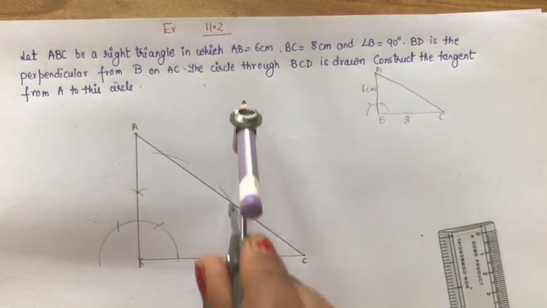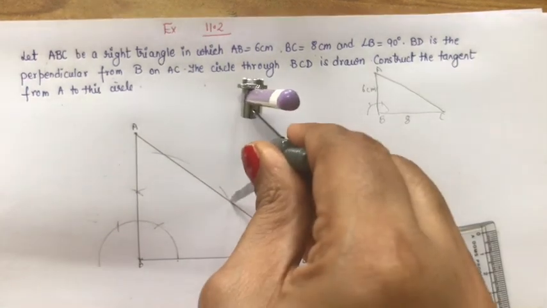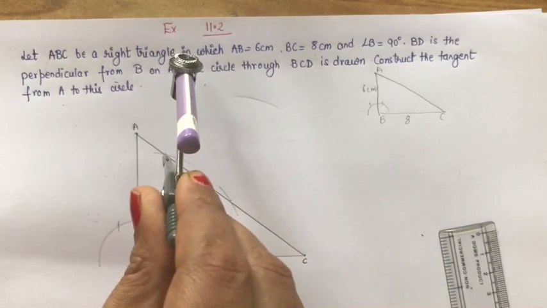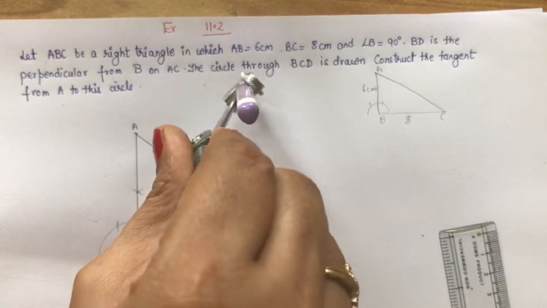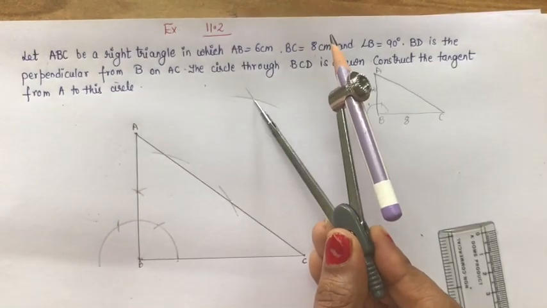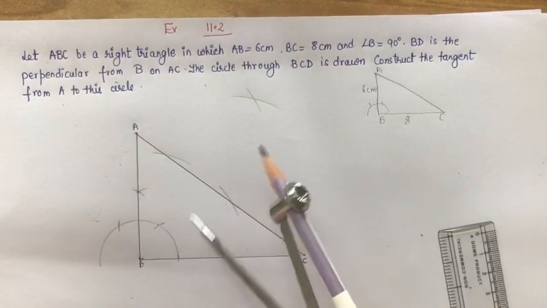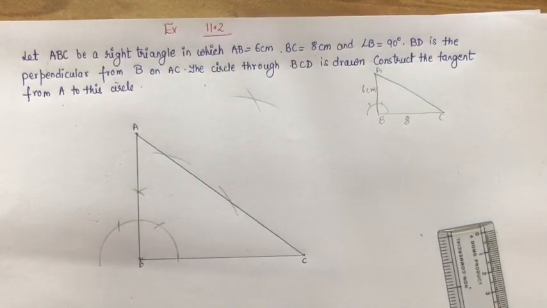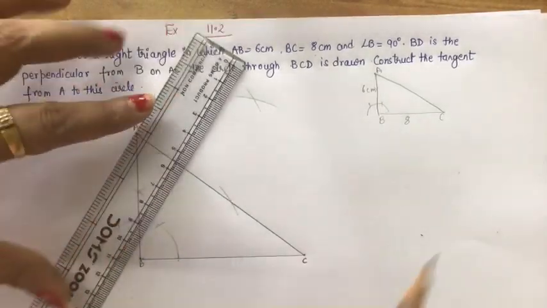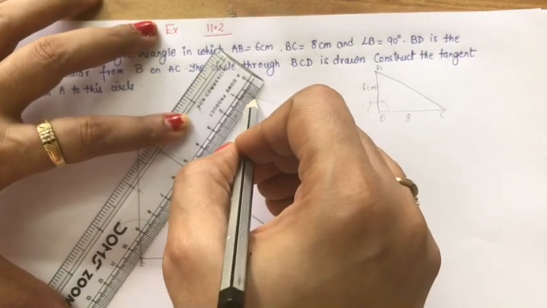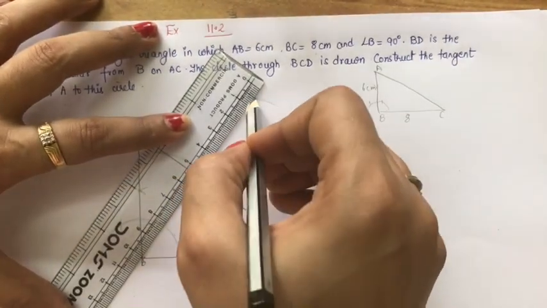Then where it has cut, again keep the compass there and draw another arc this way. You will not change the distance taken on the compass. This point, if you join with this B, this will fall perpendicular. This will be perpendicular on line AC. So I am going to join these two points. So this will be the perpendicular.